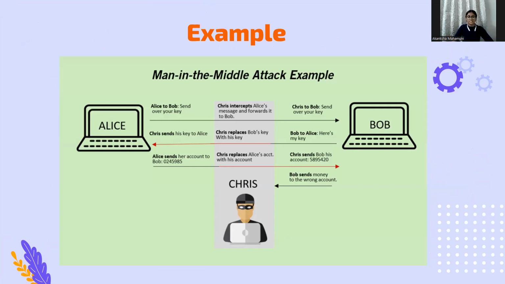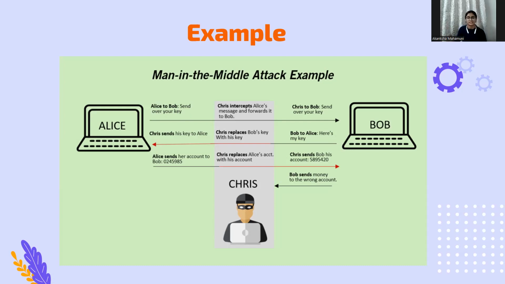Alice and Bob, these two people are trying to communicate with one another, and Alice is trying to receive money from Bob, for which he will send a particular key. Firstly, Alice asks for the key from Bob. Until Bob sends the key, she won't know that Bob is the actual person.